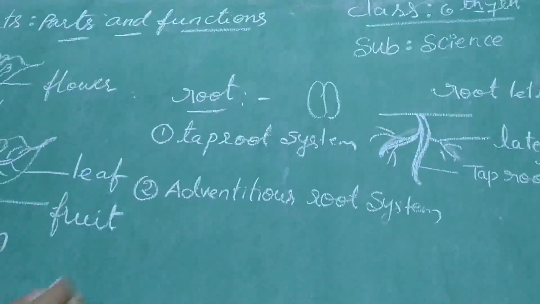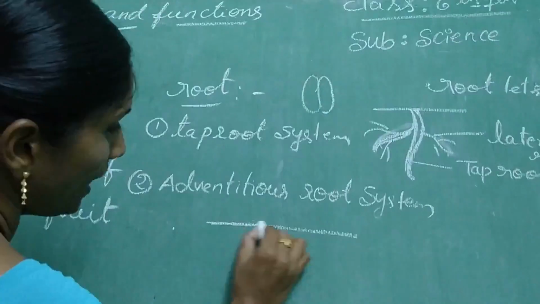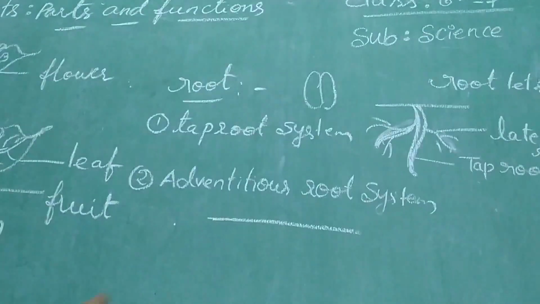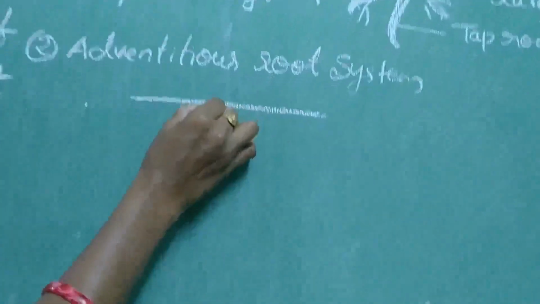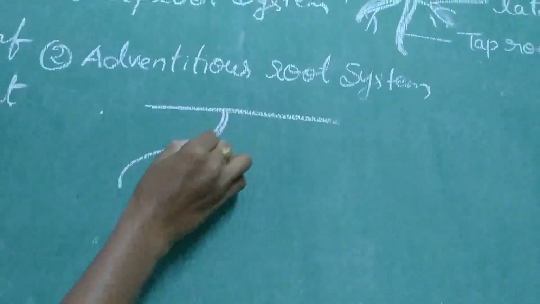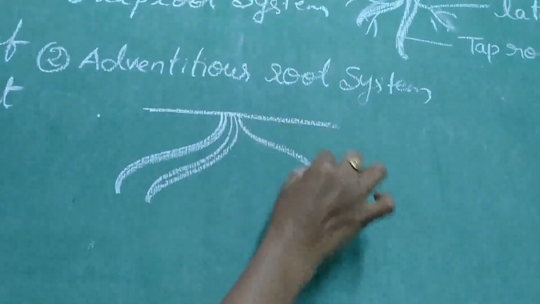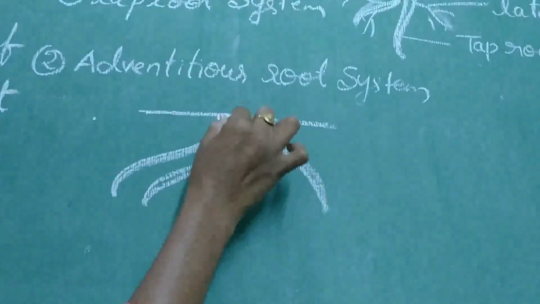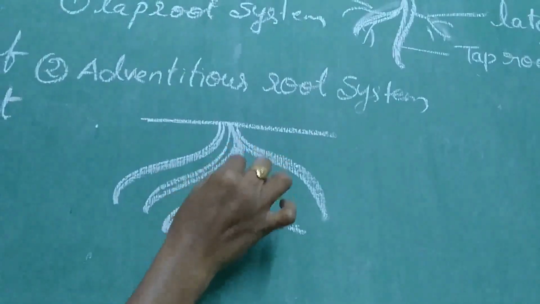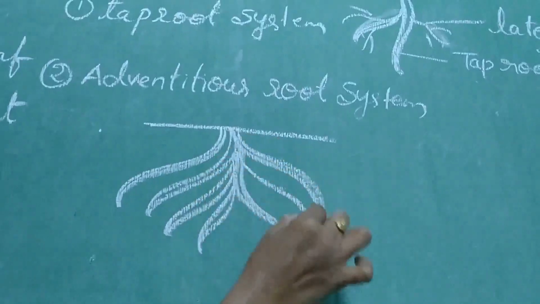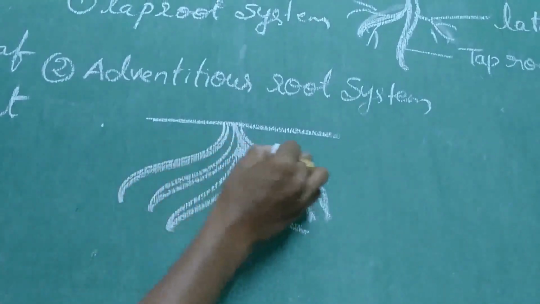And the second root system is called adventitious root system. The adventitious root system comes from the base of the plant. In this root system, all roots are similar, and all roots are like hair, very thin.